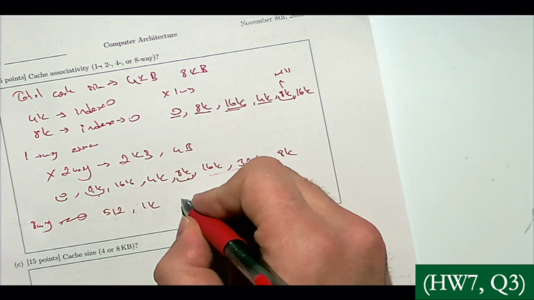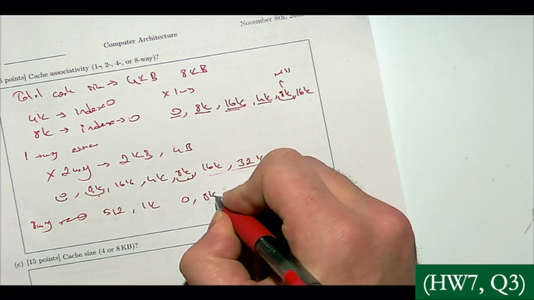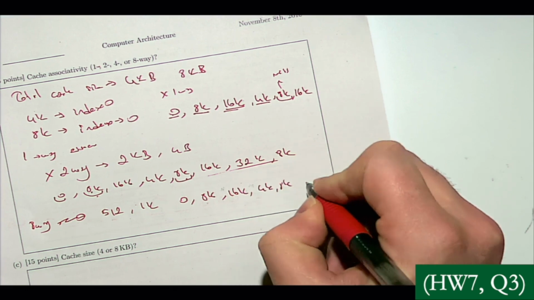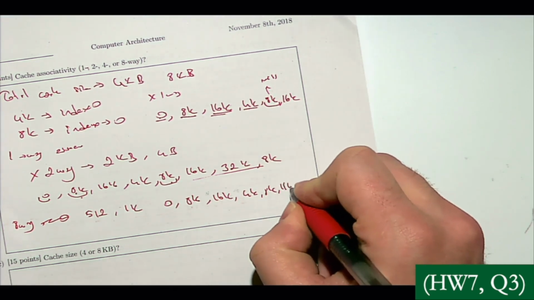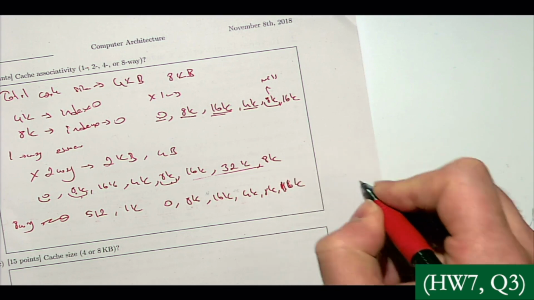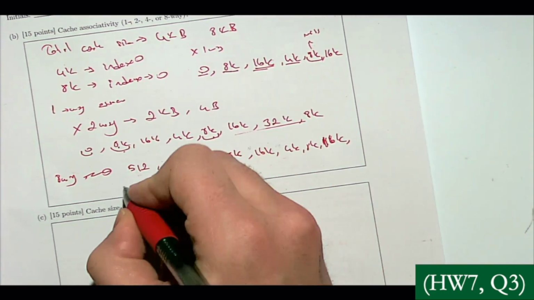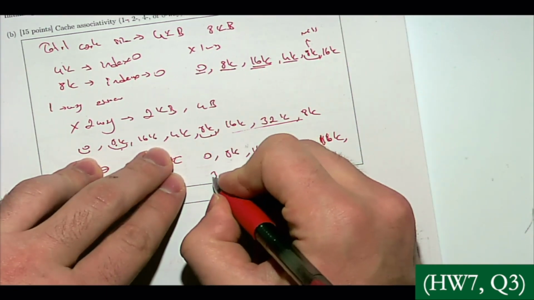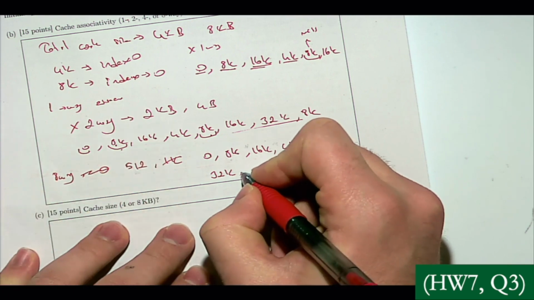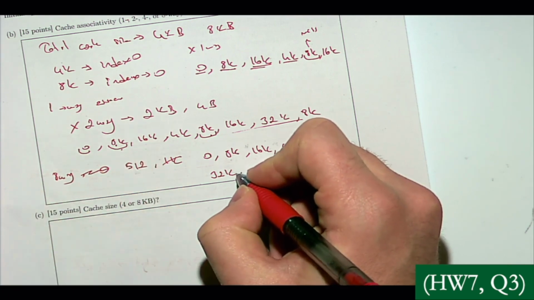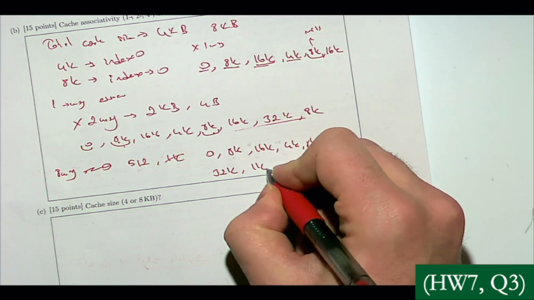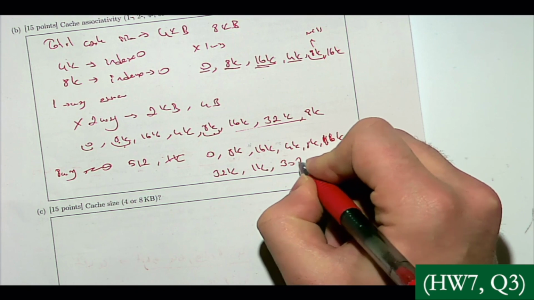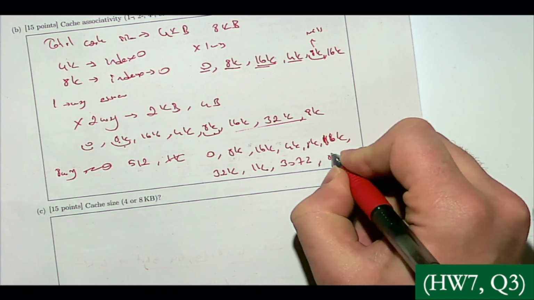So these are 16K, 4K, 8K, 16K, 32K, 1K, and 8K.